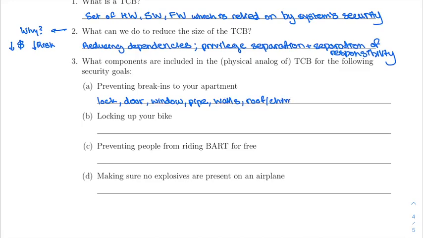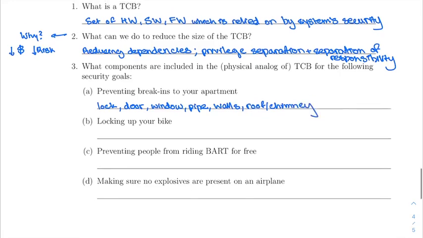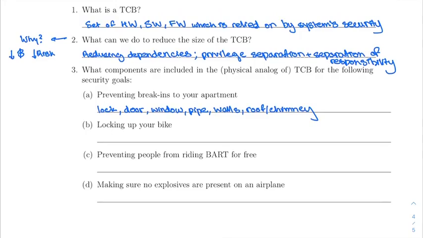So Santa going down the chimney is potentially a security violation, so you want to put the chimney in your TCB to make sure that nobody can come down.